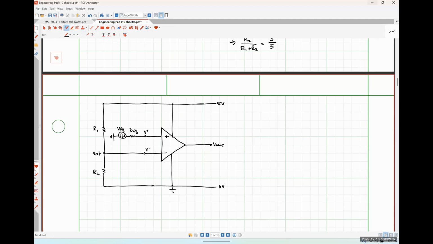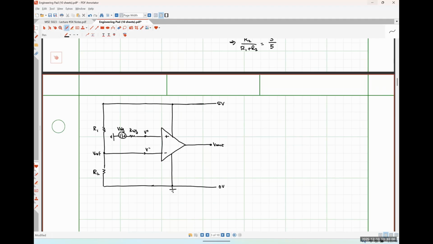So mathematically speaking, any resistor combination of R1 and R2 that results in this ratio of 3/5 should work, right? So to me, that means that let's say if R2 is 3 ohms and R1 is 2 ohms, that works.